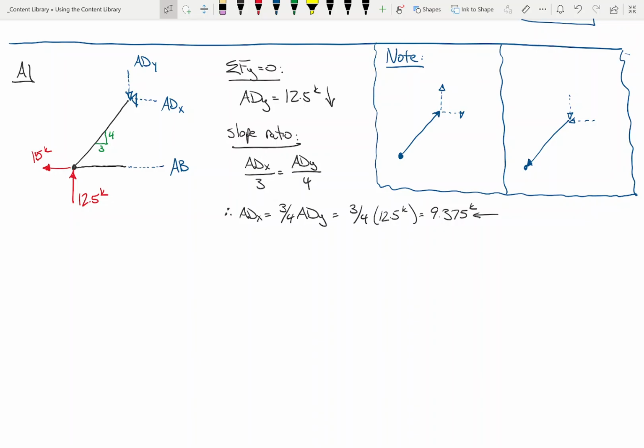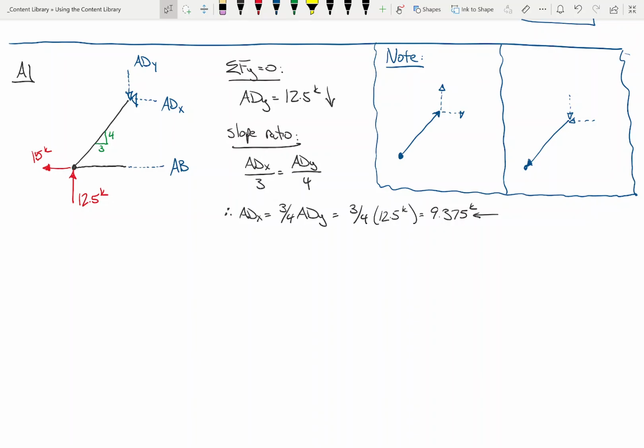So, what's left to solve for? Am I done? What am I missing? Which way is AB facing, do you think? To the right. Why is that? Because this and this are to the left. So AB's got to go to the right to maintain equilibrium. Does everybody see that?